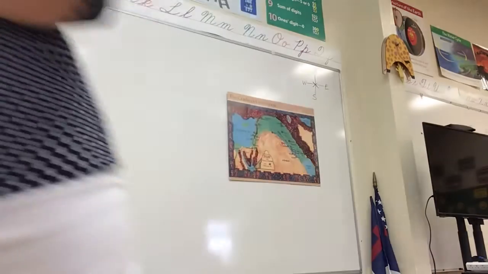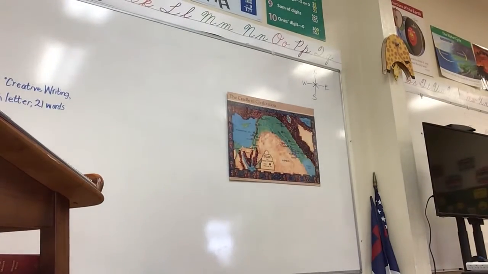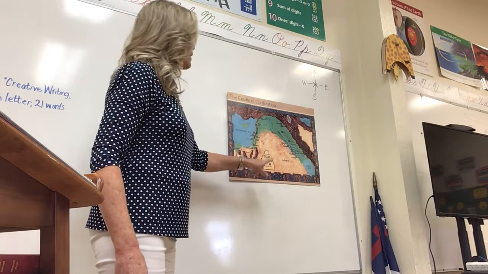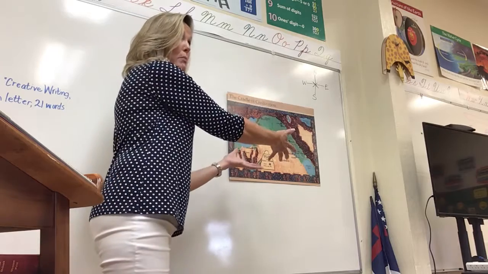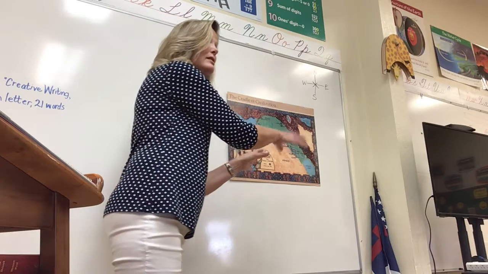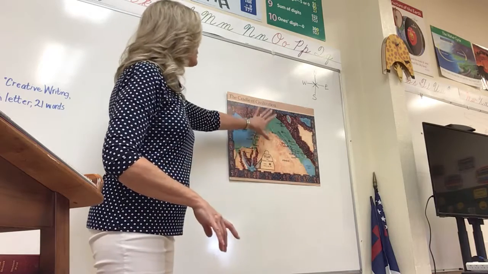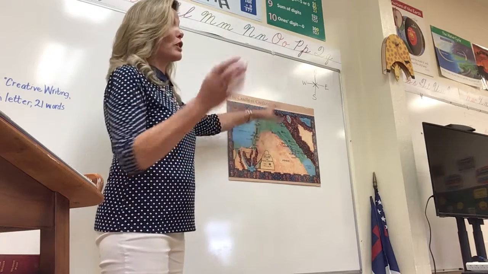I have one very similar that comes from the church curriculum, the Christian school curriculum that we use that looks very similar to this. We'll start looking at that one tomorrow.